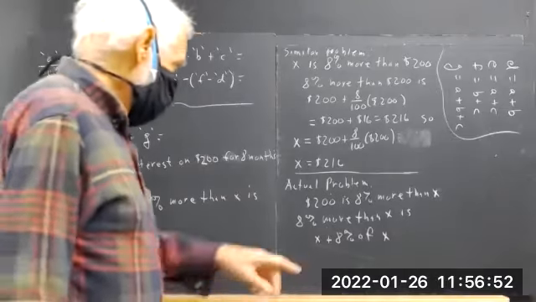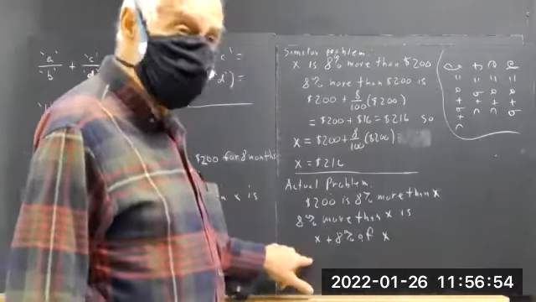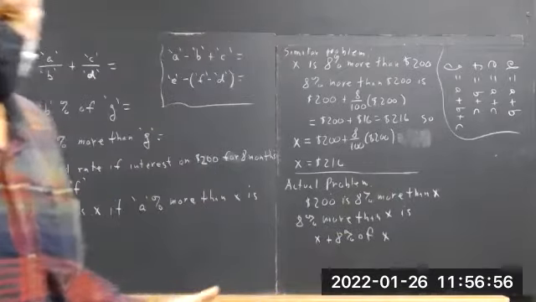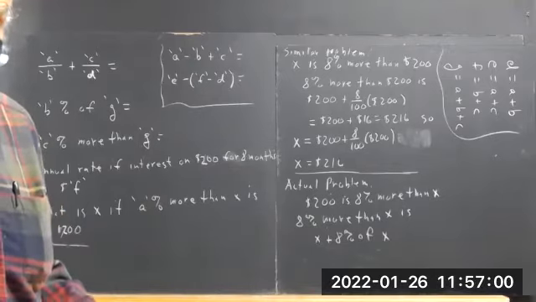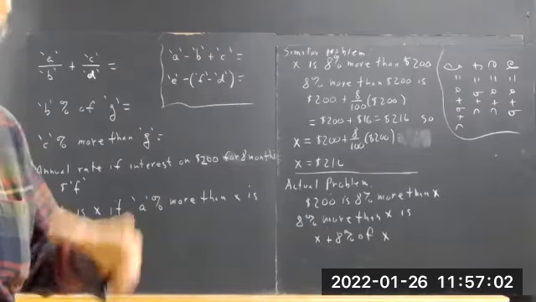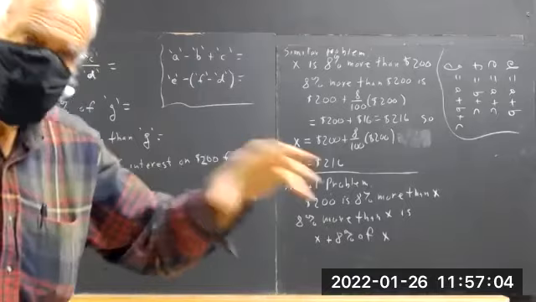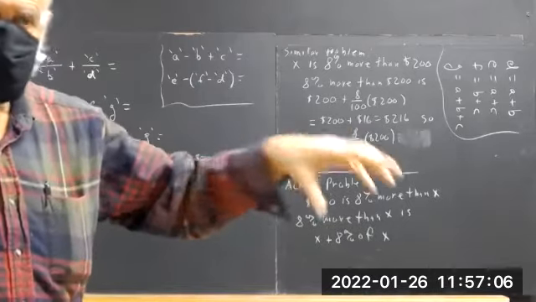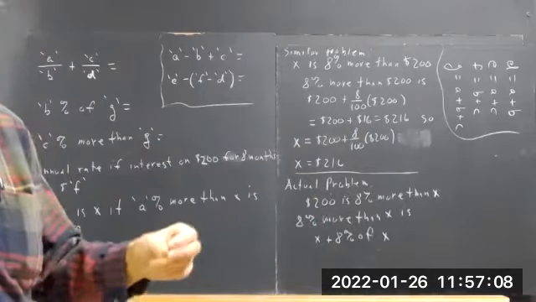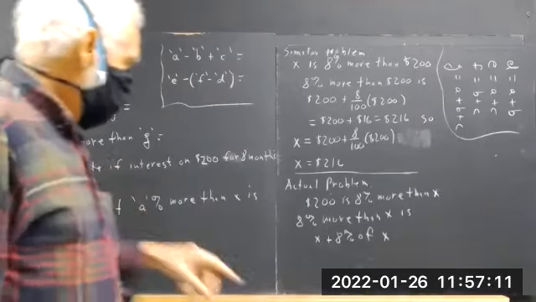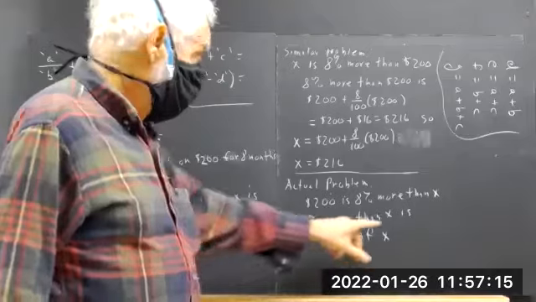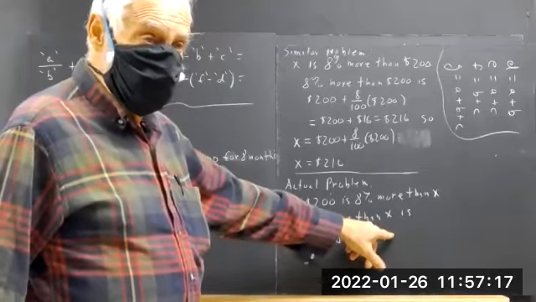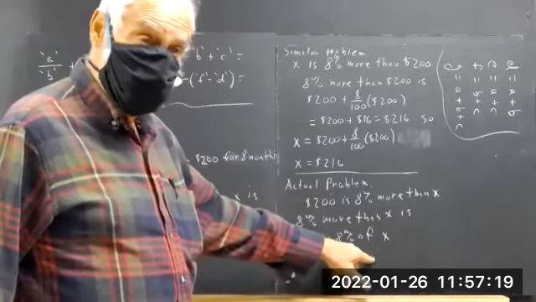Well, you're going to take 8% of X and add it to X. Same thing you did with the numbers, which I think everybody pretty much did right. But now you're doing it with a symbol, and that makes it a little more abstract. But if you think, if I knew what X is, what would I do to get 8% more than X? I'd add X to 8% of X, right?